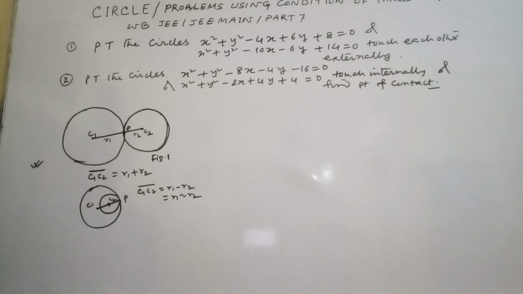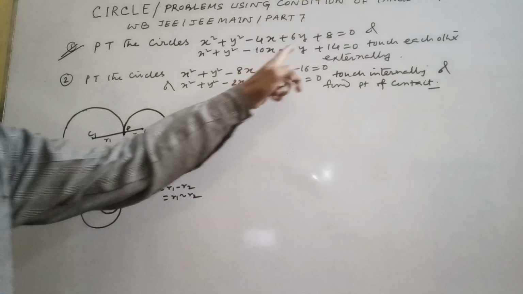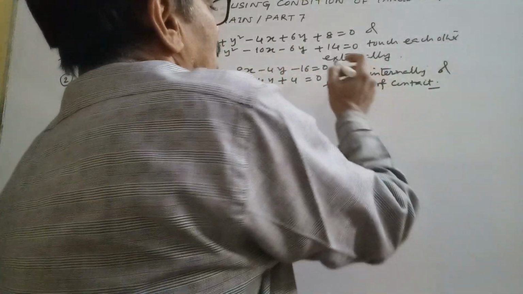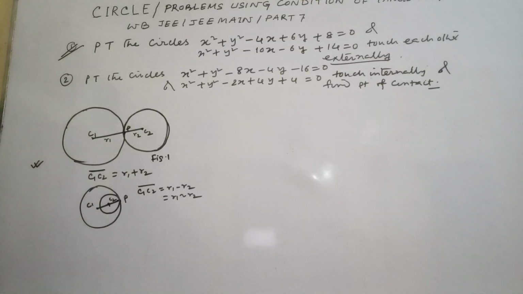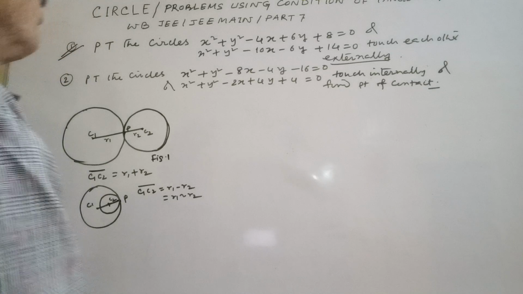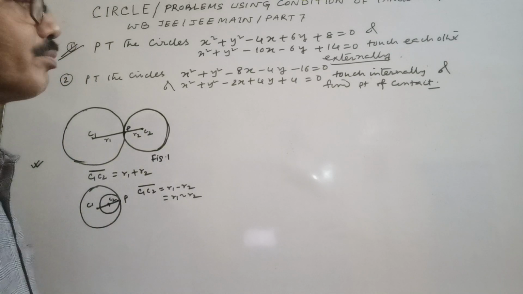Now, problem numbers 1 and 2. So, problem number 1. Prove that the circles touch each other externally. So you have to find the center and radii of the circle.